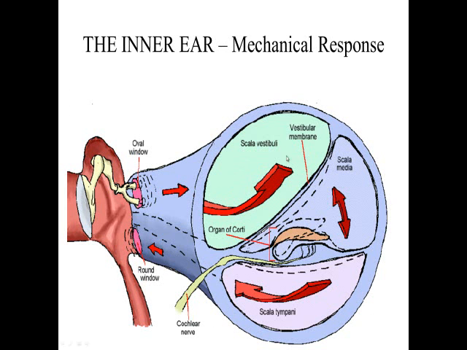Since we have a fluid-filled tube and a piston that's going to push the fluid through the tube, we have what would be more typically known as a hydraulic system. So your inner ear, your cochlea, is a hydraulic system. It's a mechanical system.